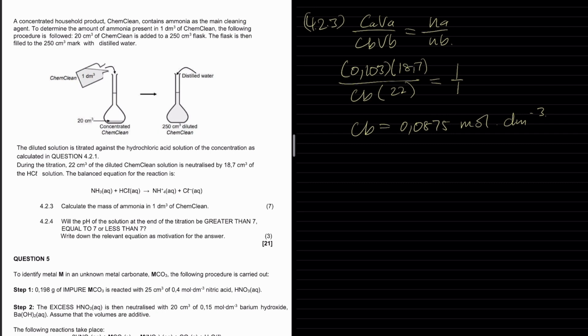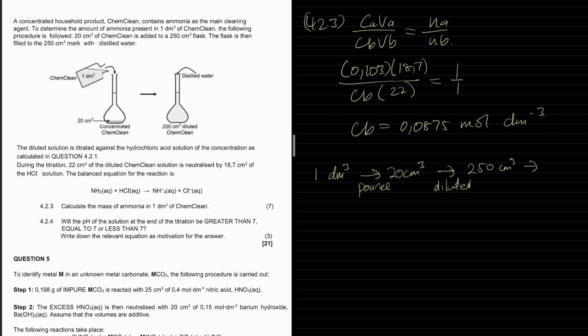Now, a few things happened here, and so we can't use this concentration to calculate the mass. So let's figure out what happened. You had the 1 dm cubed container, and from here you poured out 20 cm cubed. From there, you diluted to 250 cm cubed.